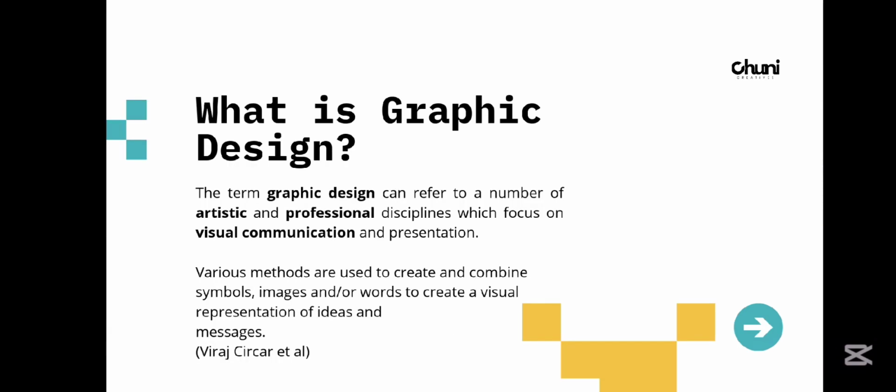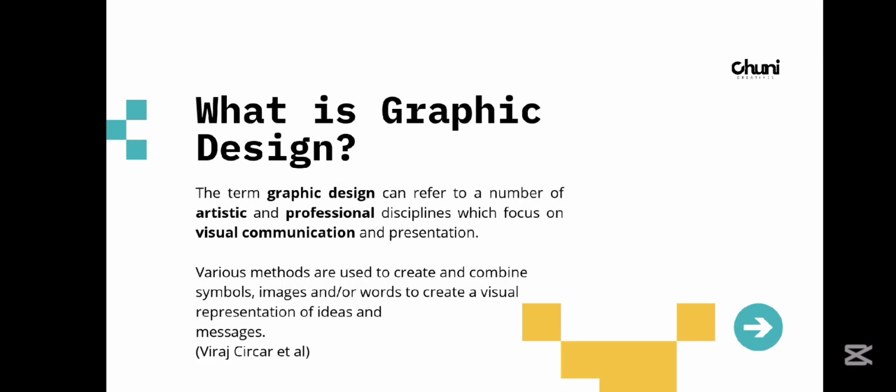So starting off, what is graphic design? As I said, it's a broad entity on its own. You can define it in many ways, but for me, I have decided to go with this definition because it's easier to relay the message. The term graphic design can refer to a number of artistic and professional disciplines which focus on visual communication and presentation.